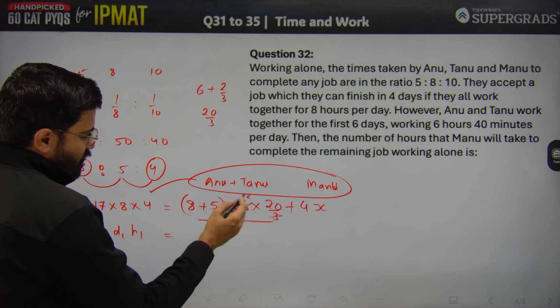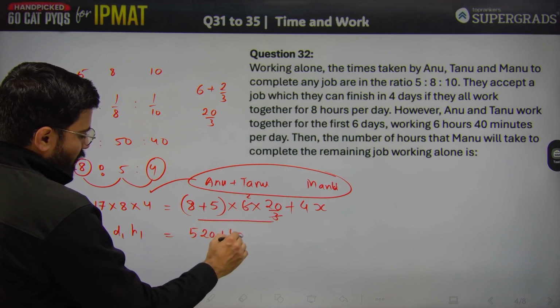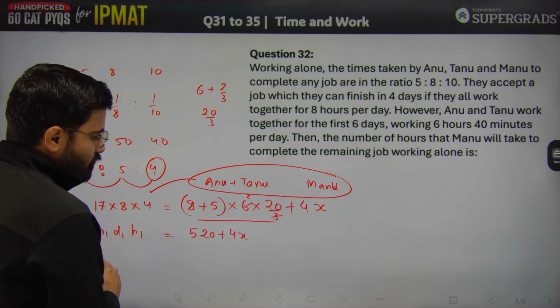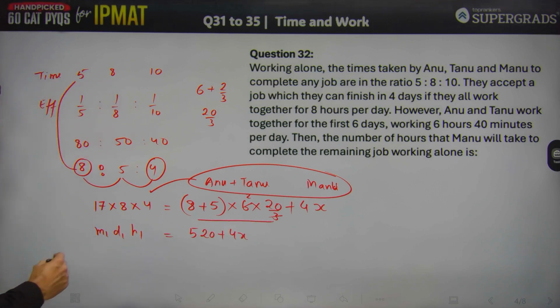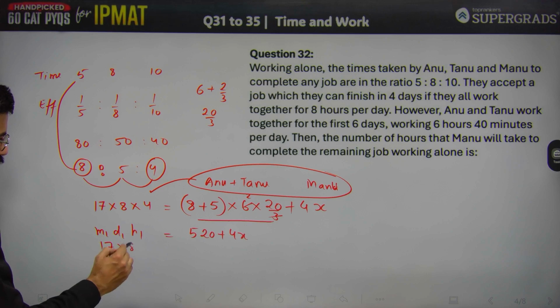So if I solve this, I get 13 into 2, 26, 26 into 20, 520 plus 4x is equal to 17 into 8 into 4, and here you can cancel 4.